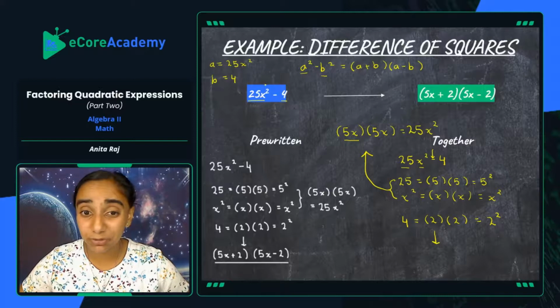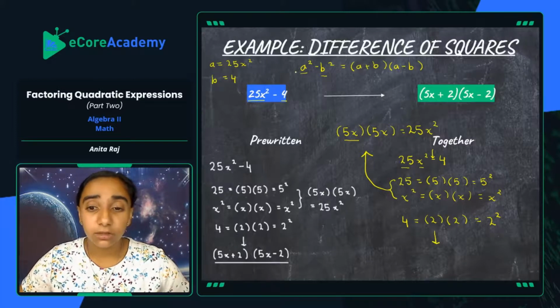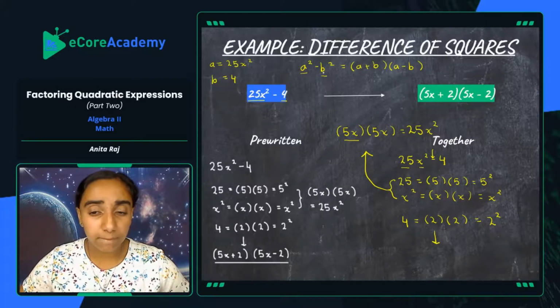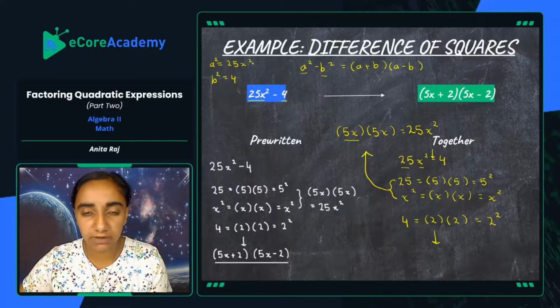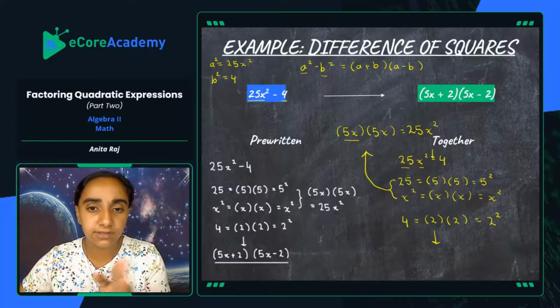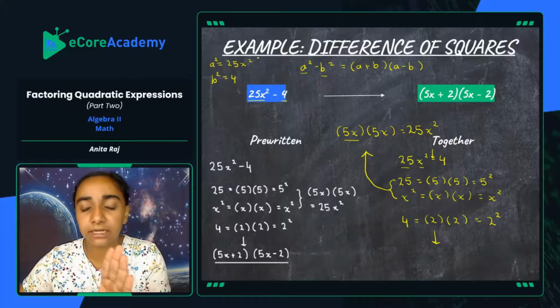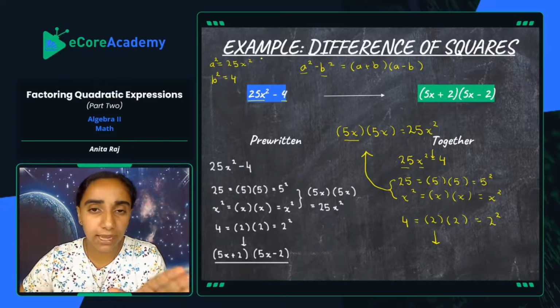Well, I gotta tell you, that's wrong. Look here how it says a squared minus b squared. 25x squared is equal to a squared. 4 is equal to b squared. 4 is not equal to just b. 4 is equal to whatever b is squared. 25x squared is not equal to just a. It's equal to a squared.